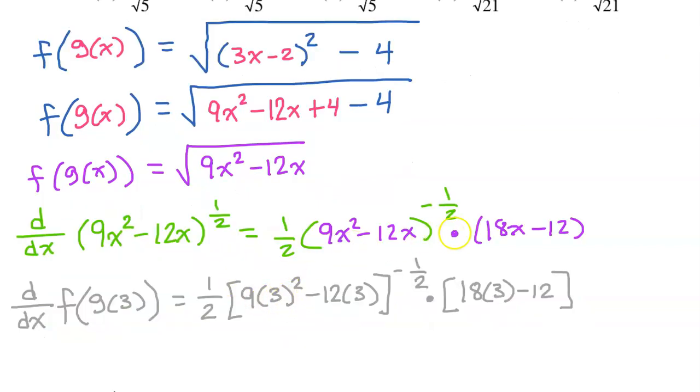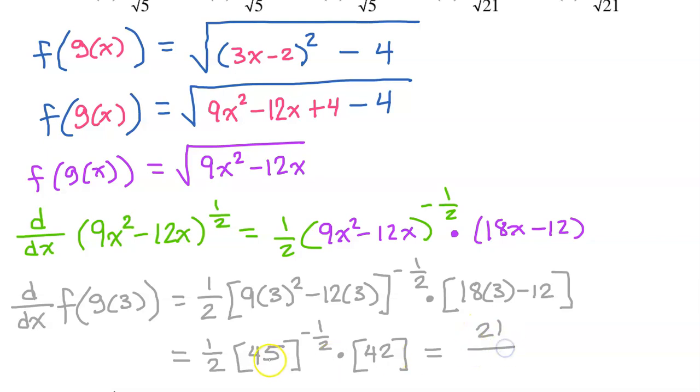Substituting 3 for all the x's gives us this. Simplifying the expressions inside the brackets gives us this. 1/2 of 42 is 21, so I will have a 21 in the numerator. The 45 to the negative 1/2 power will show up in the denominator as the square root of 45.